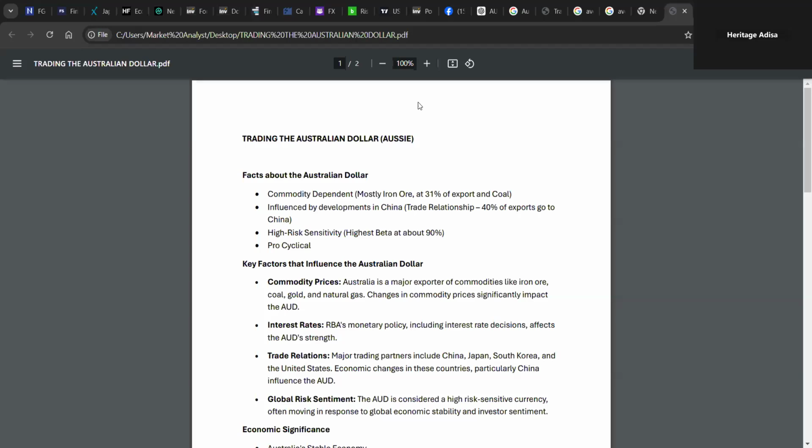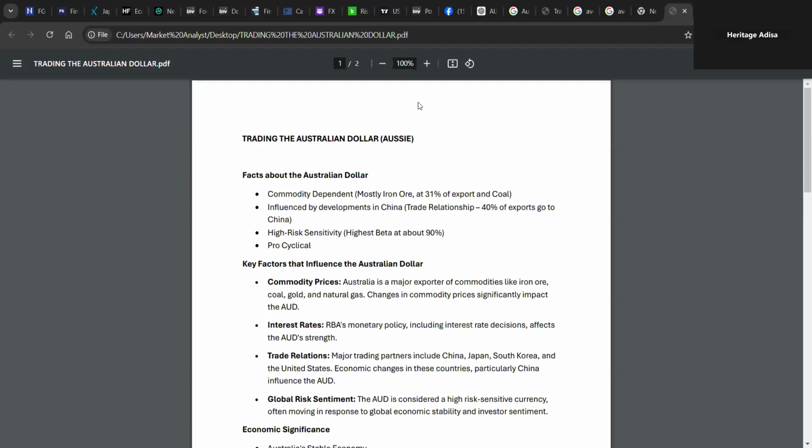On the other hand, when the market environment is negative, risk off, negative risk sentiment, the AUD tends to lose value as one of the most among the major currencies.